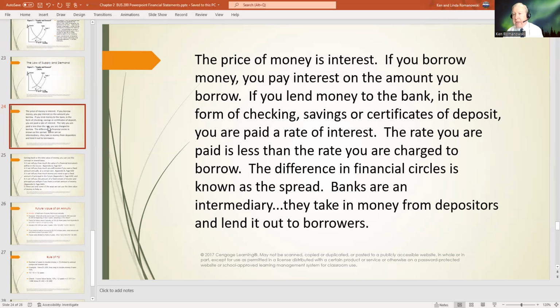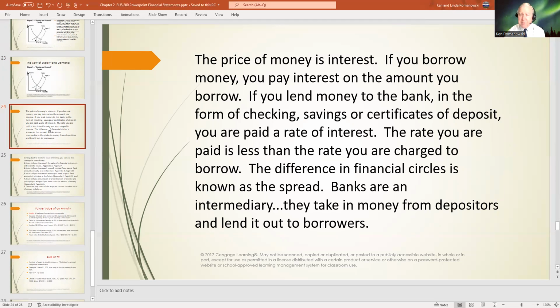So a bank is going to make money when they charge higher for loans than what they pay out for deposits. Remember, the bank is an intermediary. They are the lender, but they are between the borrower, the one who's getting a loan, and the depositor who is putting money into the bank. In both cases, there's interest involved. When the bank is lending money, they're going to get interest from the borrower.